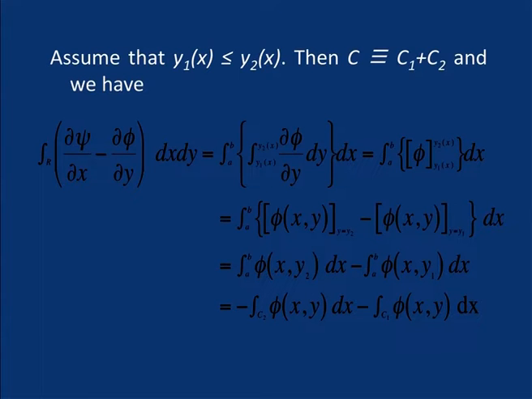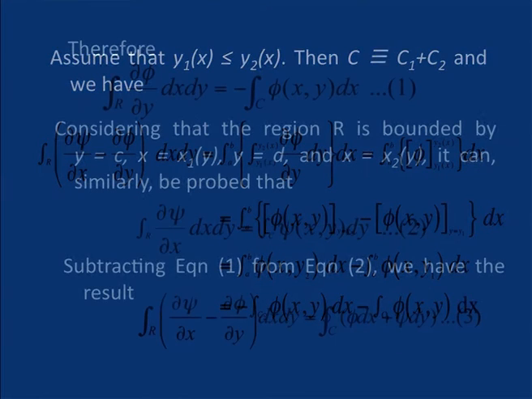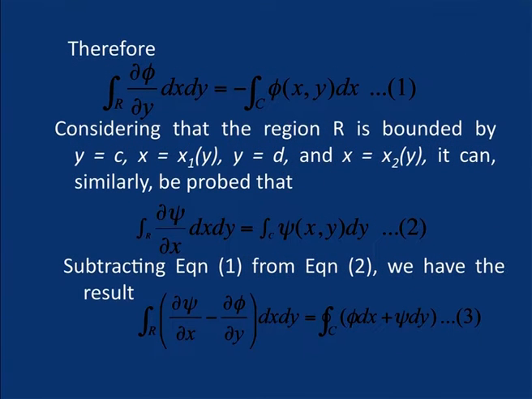This is equal to minus the integral over C2 of phi(x,y) dx minus the integral over C1 of phi(x,y) dx. Therefore, the integral over the region R becomes minus the integral over C of phi(x,y) dx.